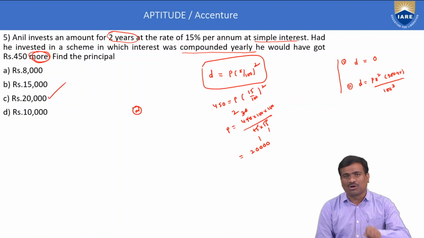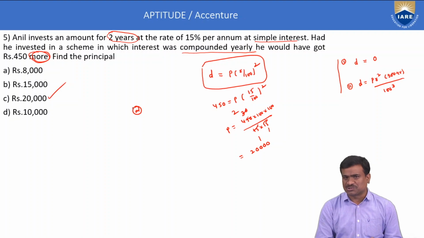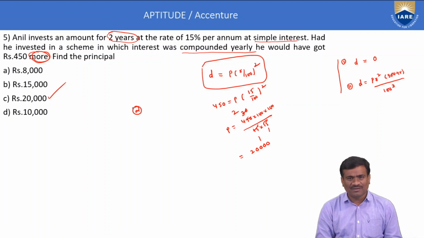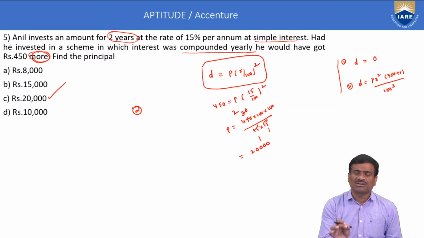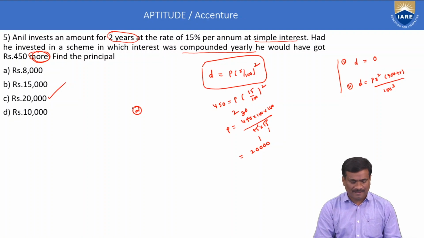But we calculate only compound interest, not the amount. Compound interest is equal to amount minus principal amount. Next, equation 1 minus 2 is equal to 450, because the difference is given as 450. Calculate only P: one equation, one unknown. Find out P, the sum or principal amount. That is also a correct method, general method and shortcut method. But for this question, answer option C only is correct.